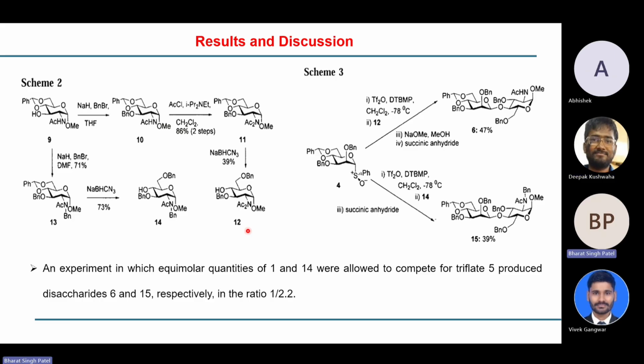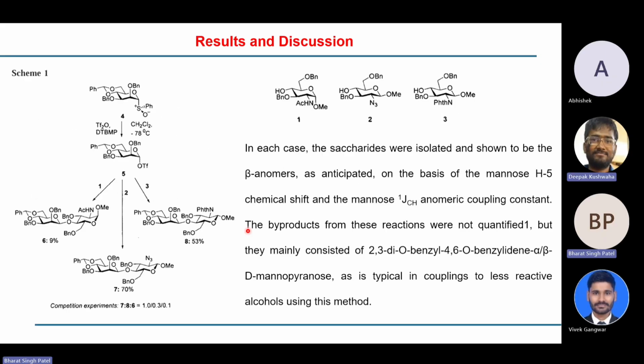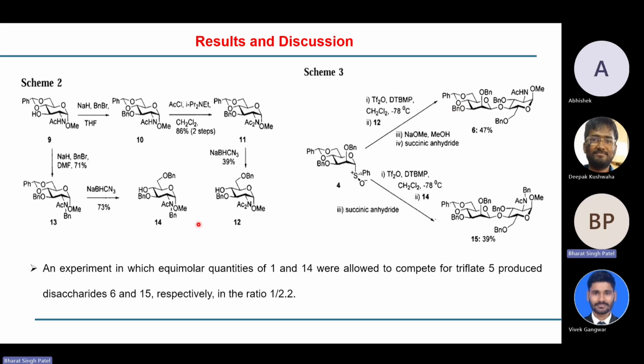Yes. So basically, they confirm that if there is intermolecular hydrogen bonding, this acceptor will be hampered, the reaction will not go, or the reaction yield will be very poor. To establish there is intermolecular hydrogen bonding, they took these 2 and 3, and also modified 12 and 14. By this experiment, they confirm there is an intermolecular hydrogen bonding or something that is hampering the acetamide acceptor reactivity.